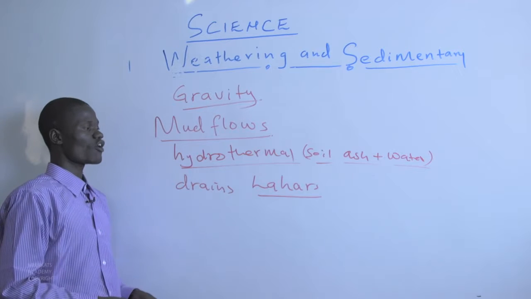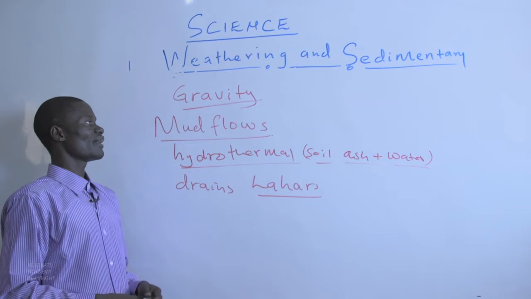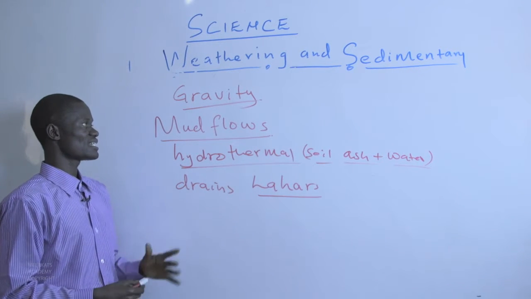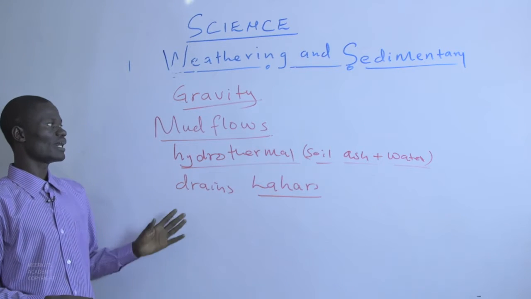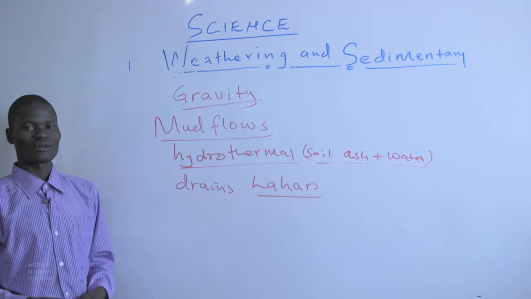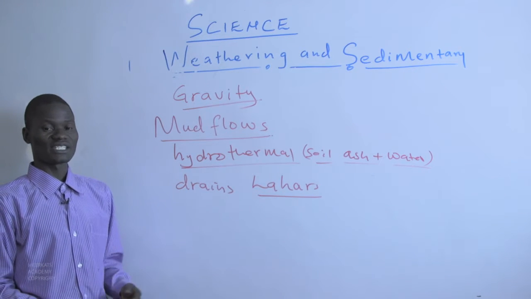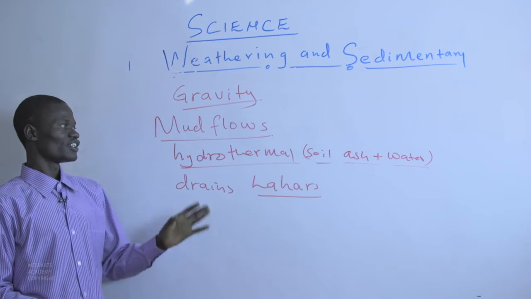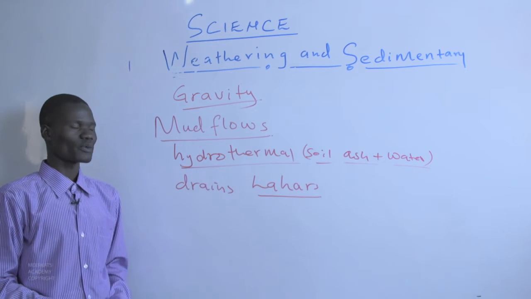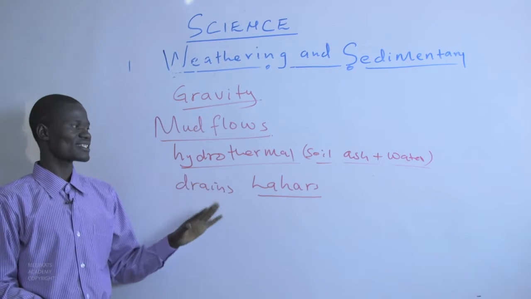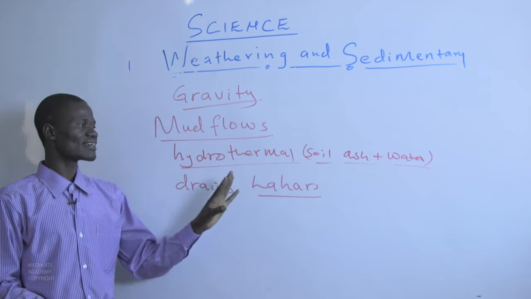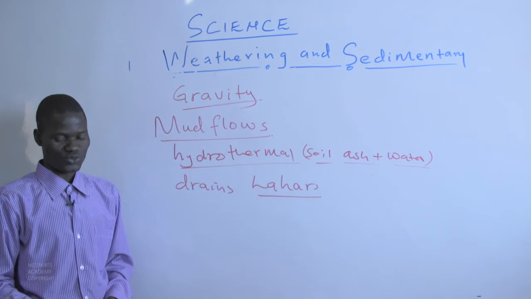In the process of mud flow, we have found that in various regions of the world where mud flows have occurred, when there is no vegetation, during the hydrothermal process, the mud flows occur as a very rapid movement of mass wasting.